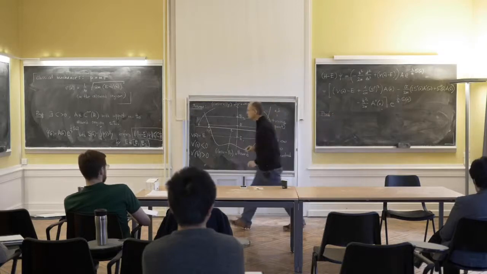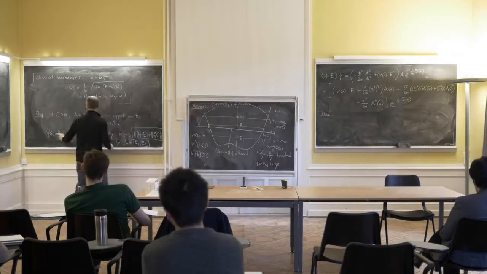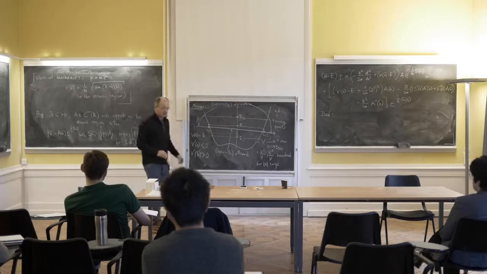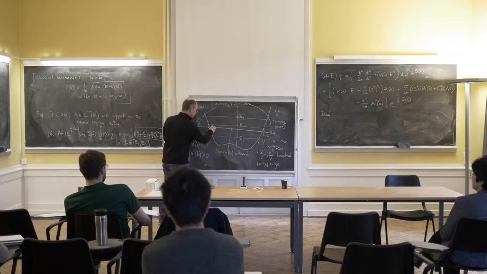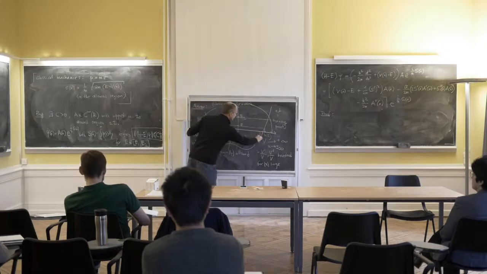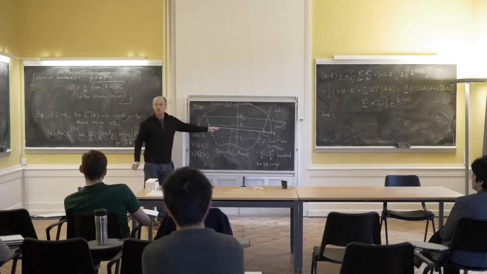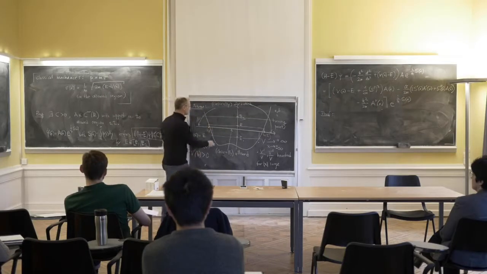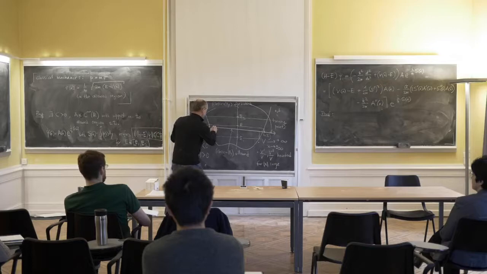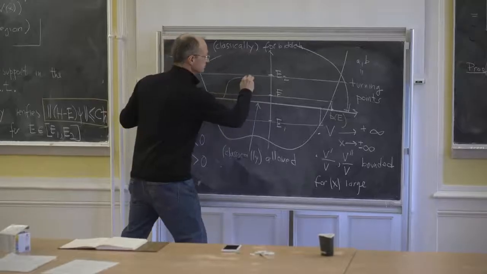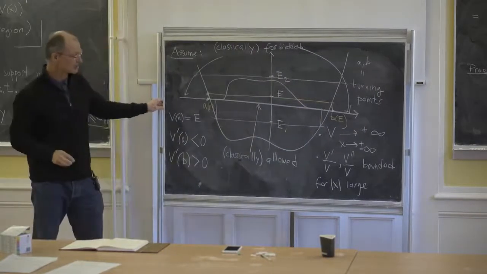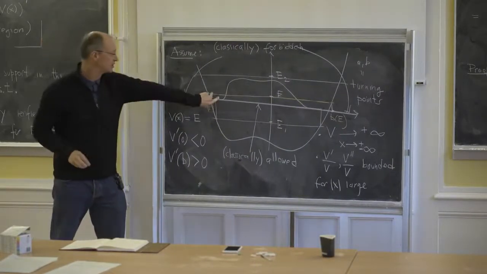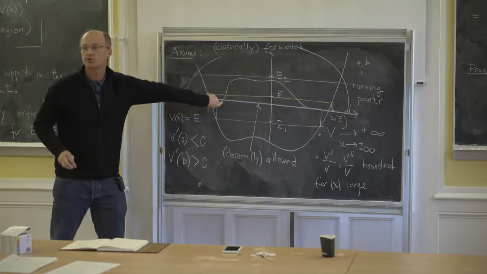So first of all, let me choose this a of x. Let's choose the smallest allowed region, which corresponds to the smaller energy, E1. And let's choose any compactly supported C infinity function, which is equal to 0 near the turning points.